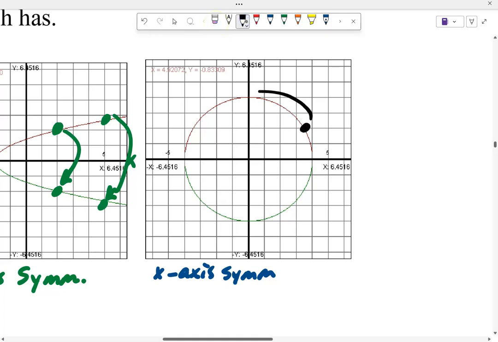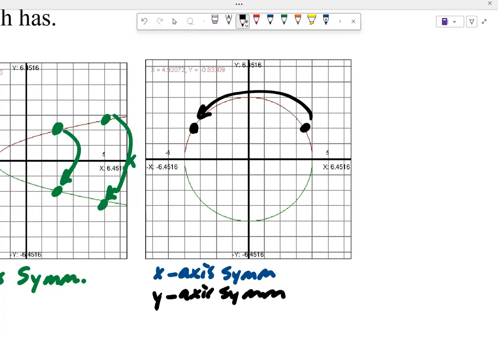Well, take a point here, flip it over. Sure enough, it's symmetric with respect to the y-axis. So it also has y-axis symmetry. And then finally, does it have origin symmetry? Take a point, flip it, and flip it. Is it on the graph? Yes, it is.